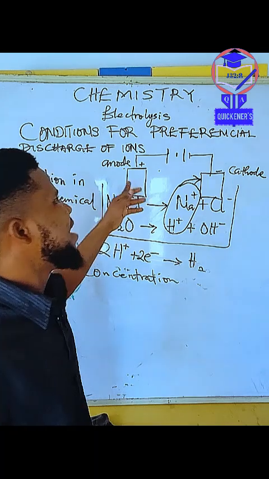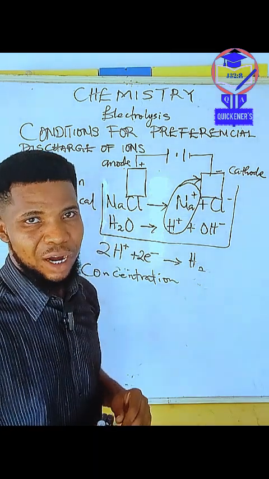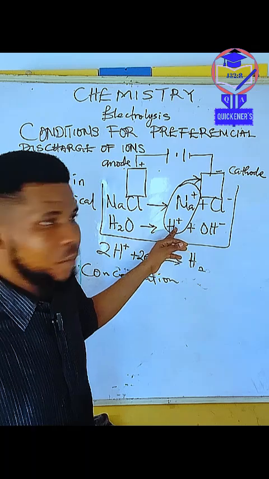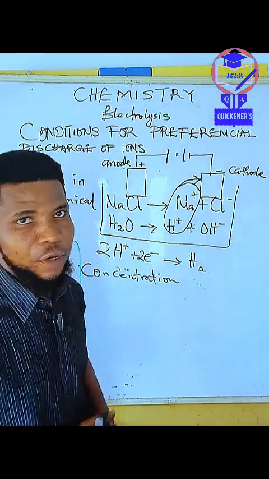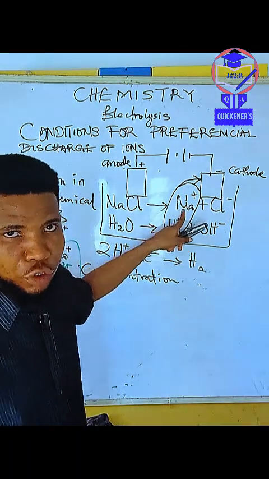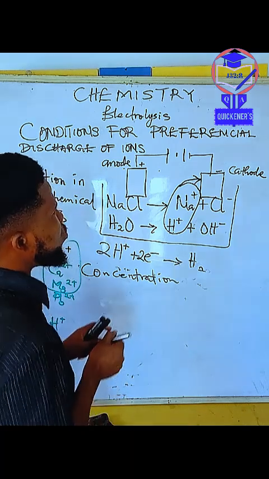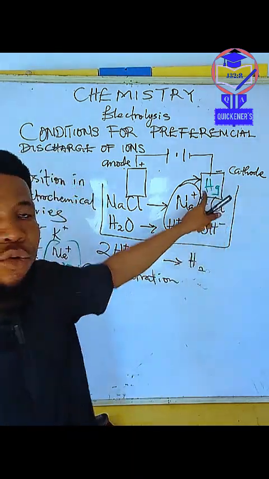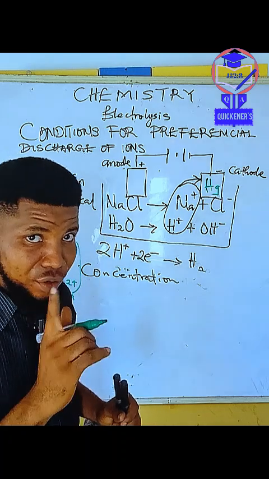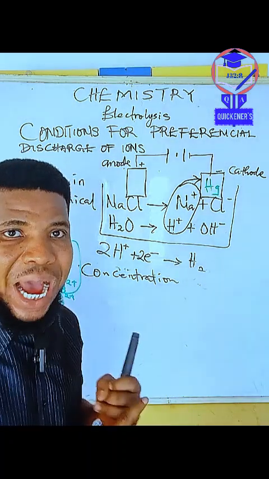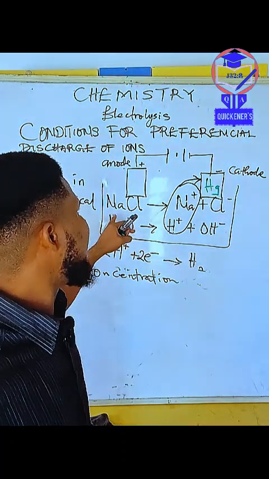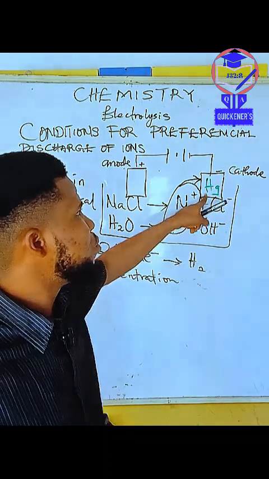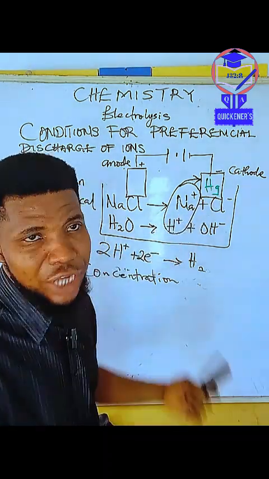Now, if we have an electrode that has an affinity for any of these ions, for instance in the case of sodium, if we decide to use mercury as the cathode, and the concentration of sodium is more than that of hydrogen, then sodium will be discharged.